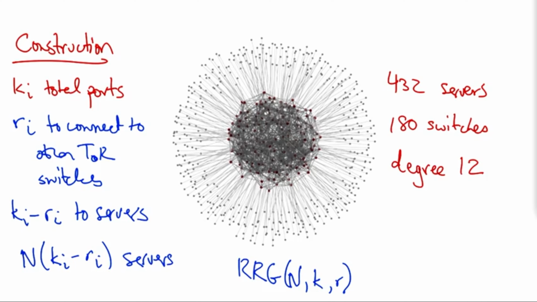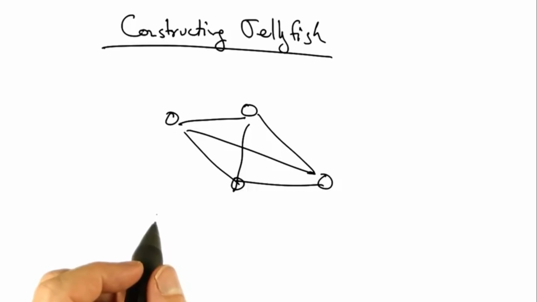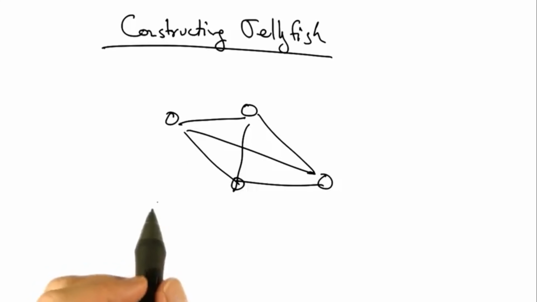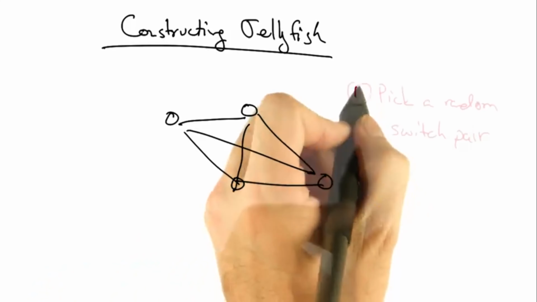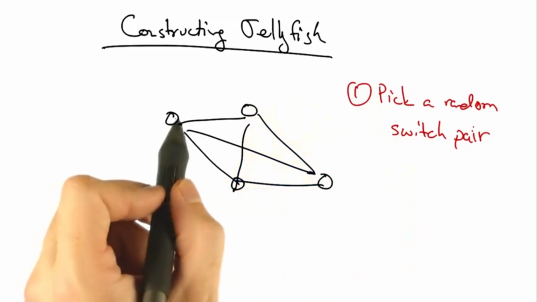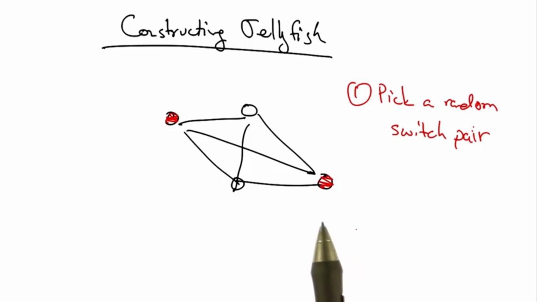Achieving such a property is a complex graph theory problem, but there's a simple procedure that produces a sufficiently uniform random graph that empirically has the desired properties. To construct a Jellyfish topology, one can simply take the following steps. First, pick a random switch pair with free ports for which the switch pair are not already neighbors.